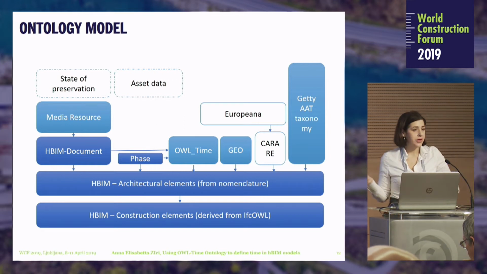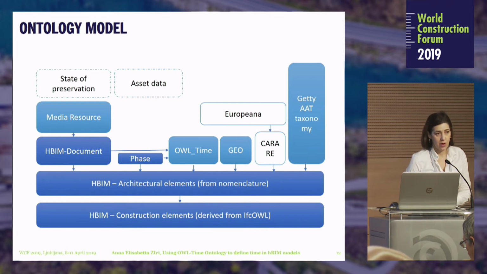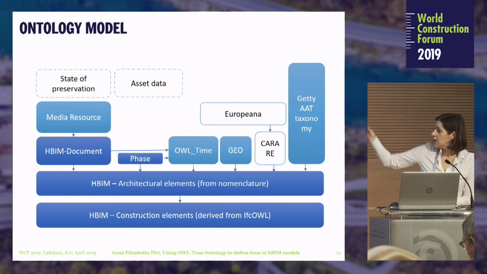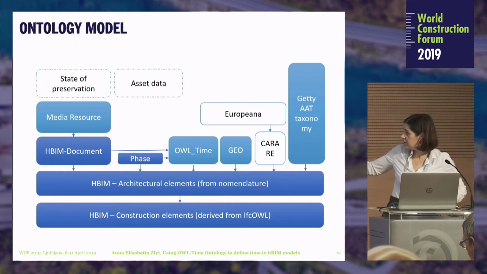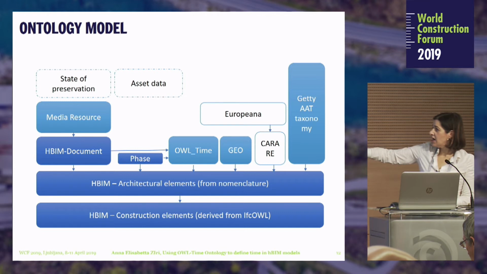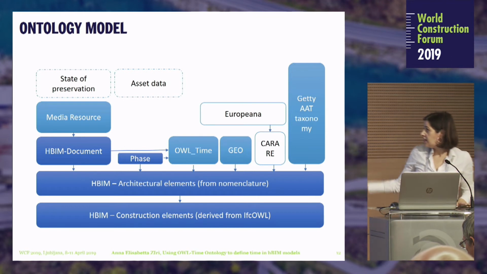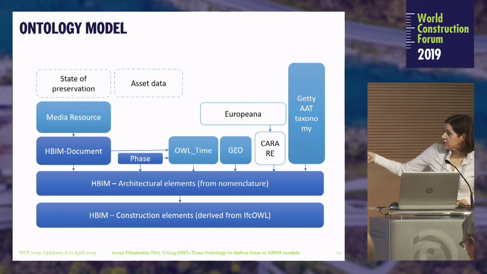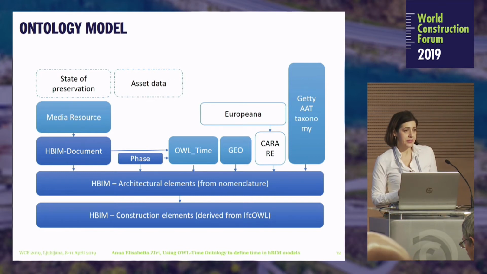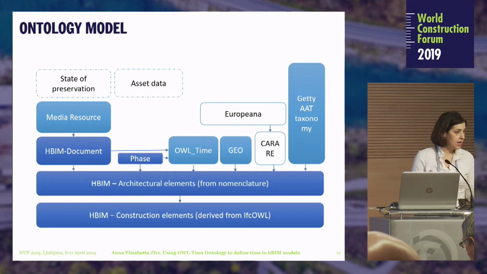As you can see, it's not like writing an H-BIM ontology, but using the fact that the ontologies are interoperable to link different ontologies, external, defined outside Inception, Europeana, Carare, Getty, etc., OWL-Time, which is a W3C standard, so we didn't invent it, and other ontologies that are project-dependent. Some projects need external documentation, some projects not, and we can choose which kind of ontology we have to add to the project.